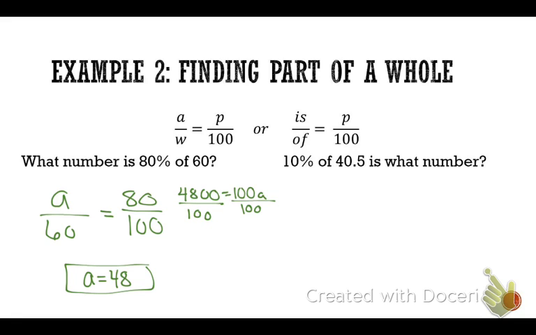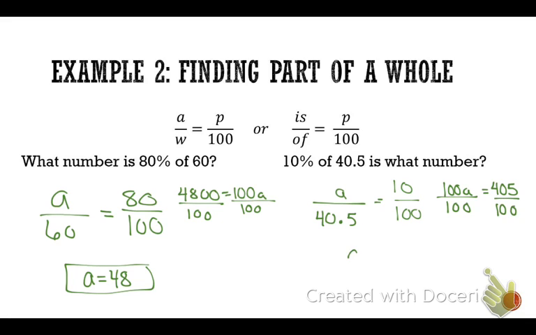Go ahead and do the second one at your tables. Go ahead and work together to do the second one. Okay. Let's see. A over 40.5 equals 10 over 100. 100A equals 405. 4.05? Okay, 4.05. Very good.